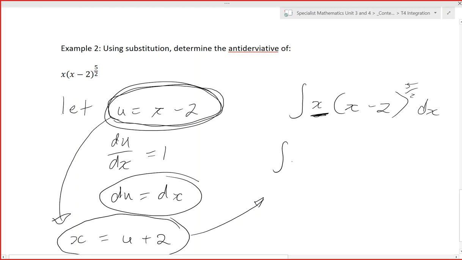So this one becomes u plus 2. This one is u here to the power of 5 over 2. And the dx becomes du.